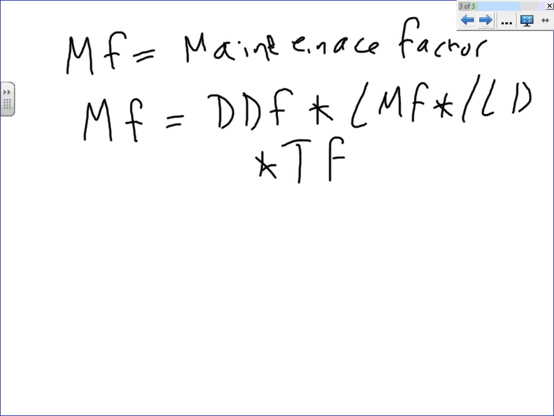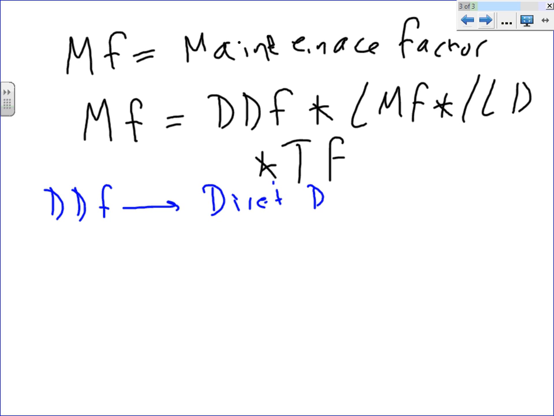Now what are all these DDF, LMF, LLD, and TF? DDF, guys, is the dirt depreciation factor. And these are also in your book.